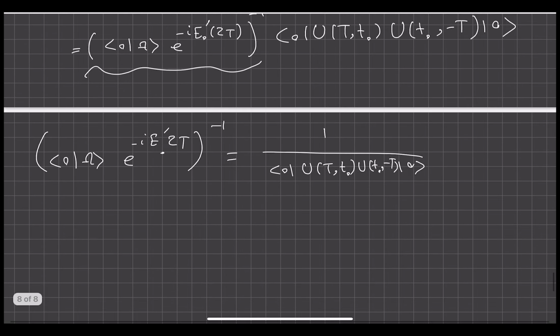And then we can even more simplify to say 0, 0 from U of t to minus t. Now I have this term.